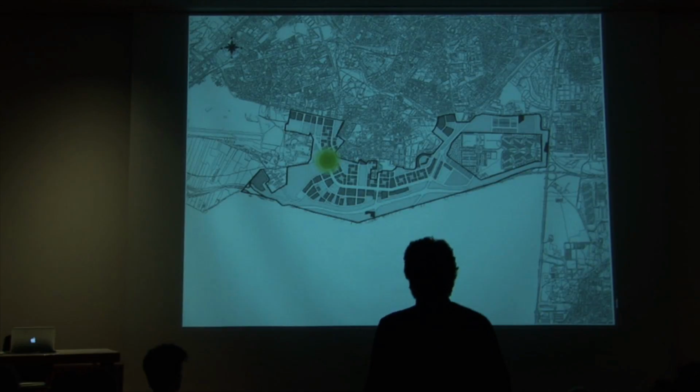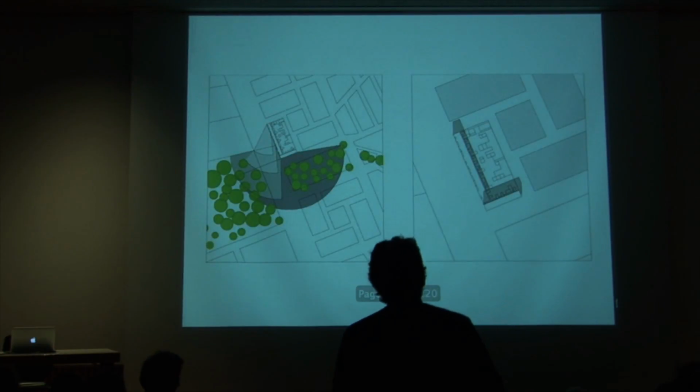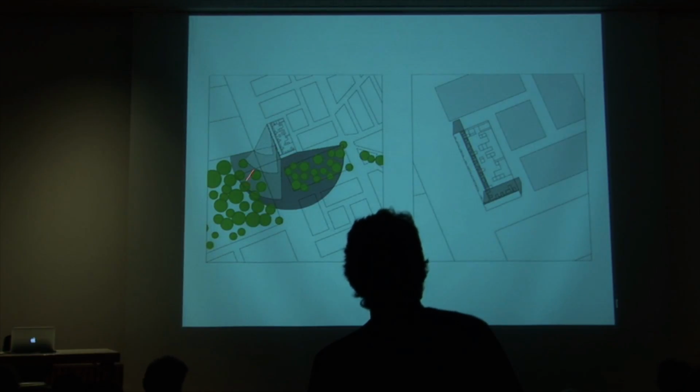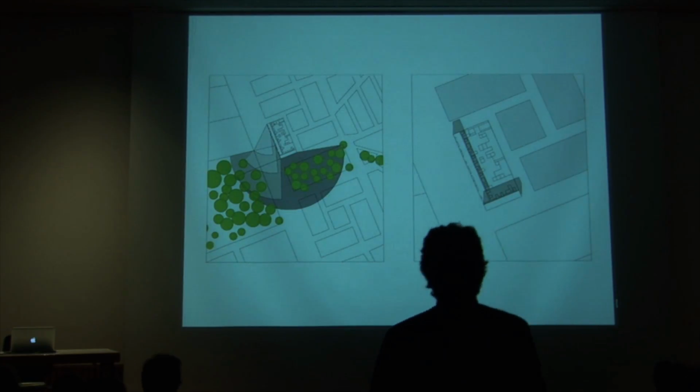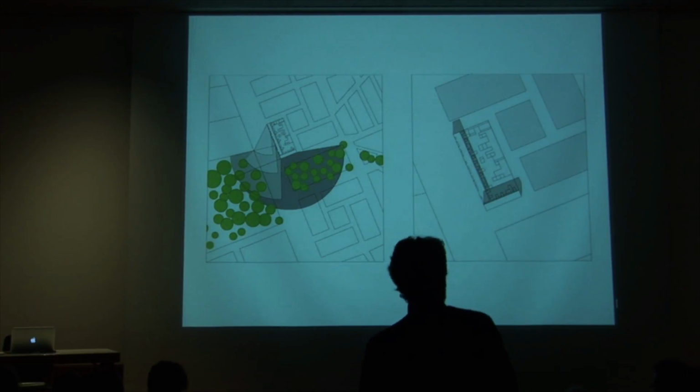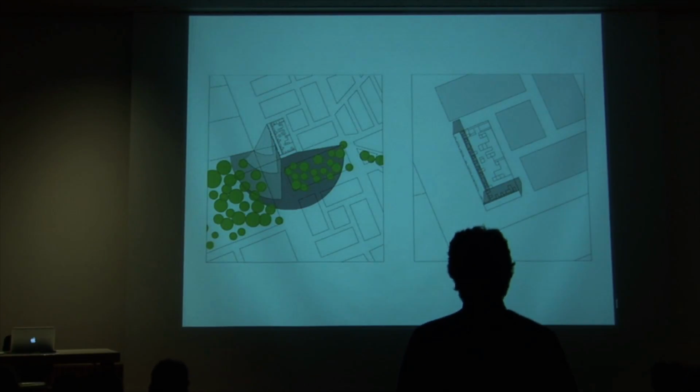But we were lucky because our position, our plot, had some advantages. And it was that the plot was facing south and was facing open-air spaces with trees and green spaces that was quite different from any other plot in this surrounding.